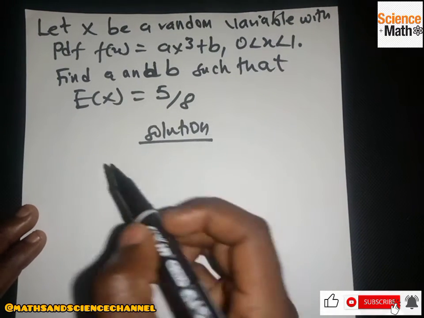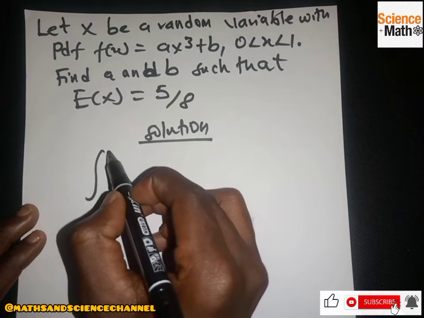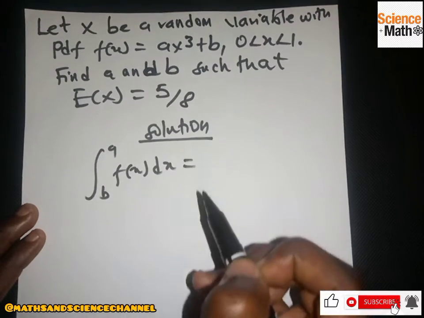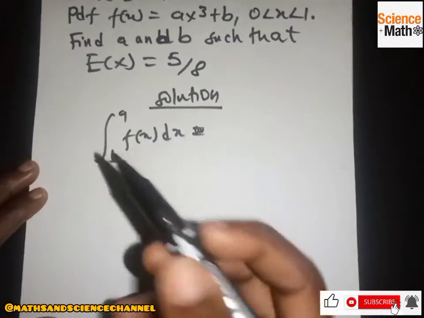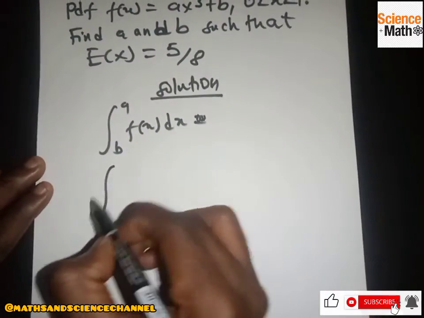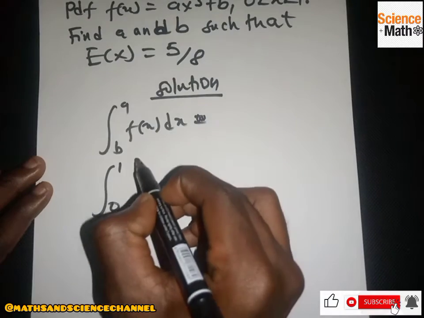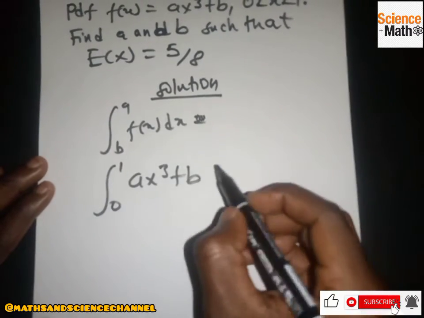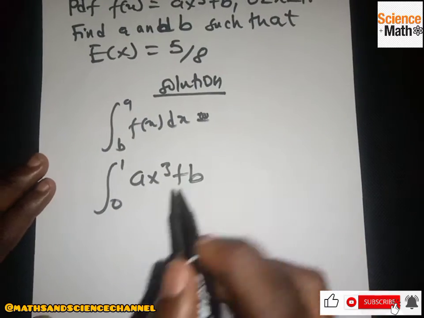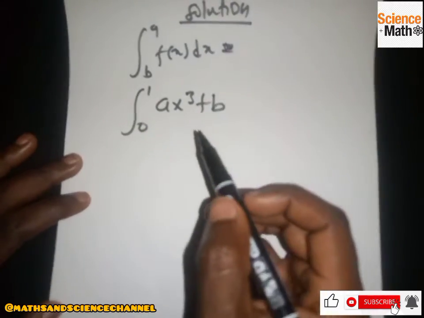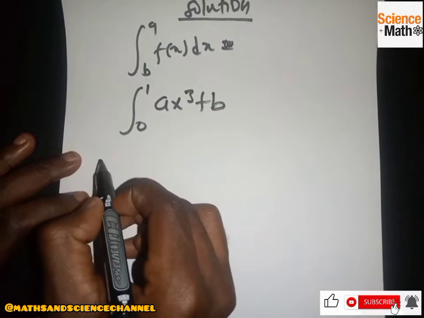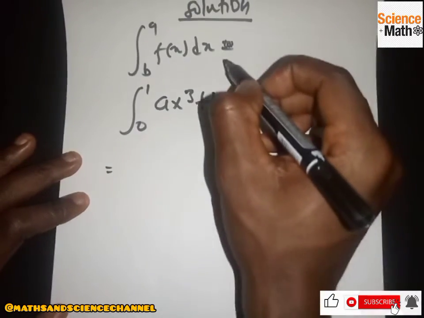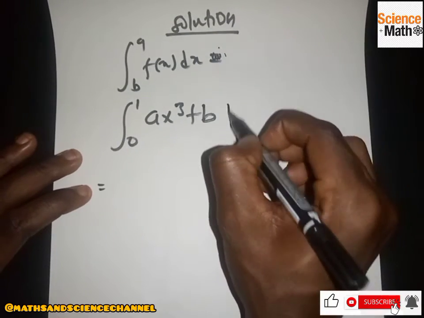For the first condition, we are given that the integral from 0 to 1 of f(s) dx is equal to 1. So this is the integral from 0 to 1, and f(s) is as³ + b. Now we are to integrate this, and remember, we are integrating with respect to x.